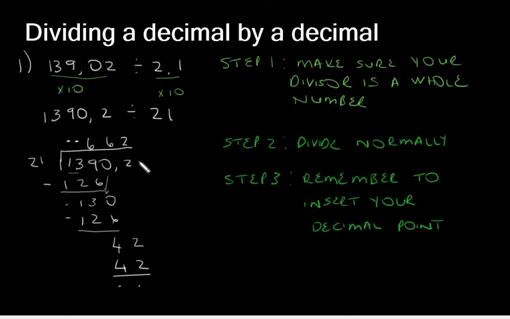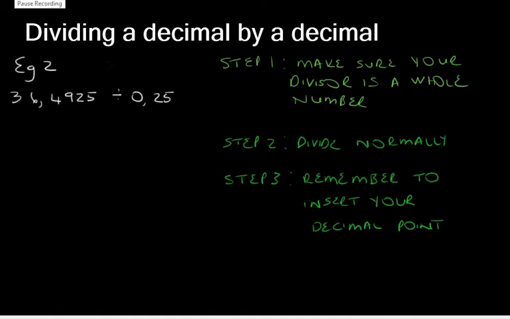So where does our decimal point go? Remember, we've lined everything up, and so our decimal point needs to be inserted there, giving us an answer of 66.2. Let's do one more example. 36.4925 divided by 0.25. What do we need to do?